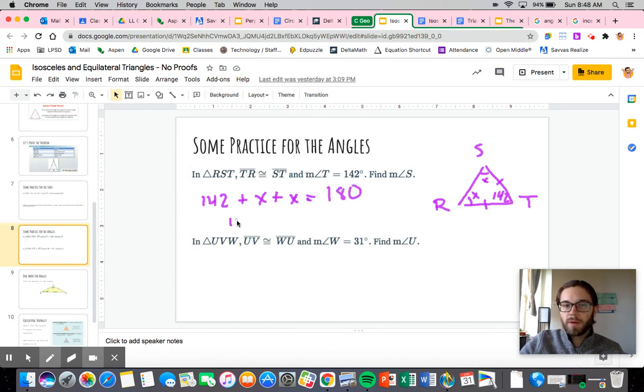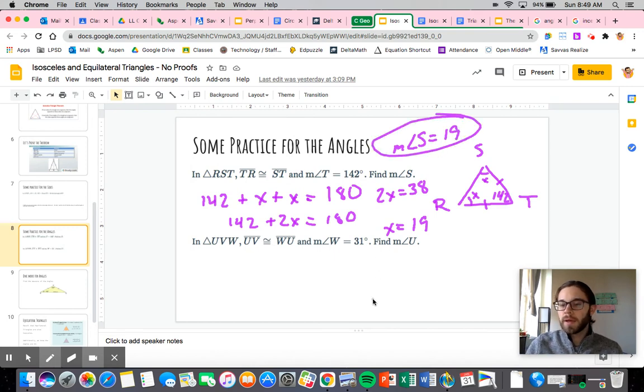All right, so we have 142 plus 2x equals 180. So that would be 2x equals 38. So my x, which is my measure of both of these, by the way, is 19. So the measure of angle S equals 19.